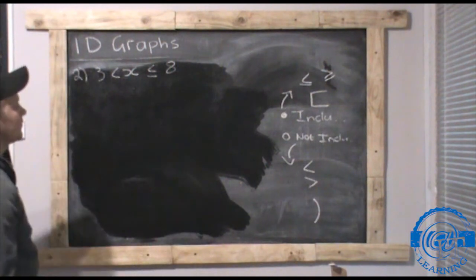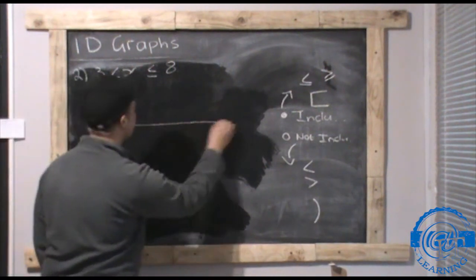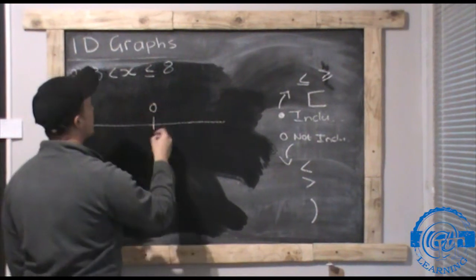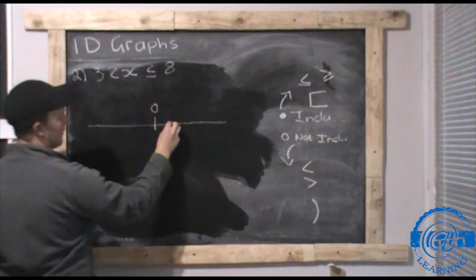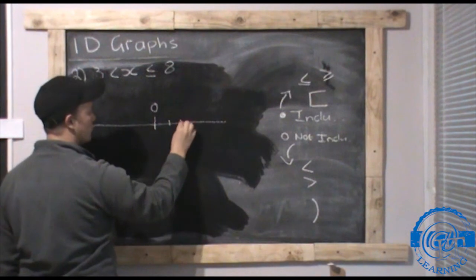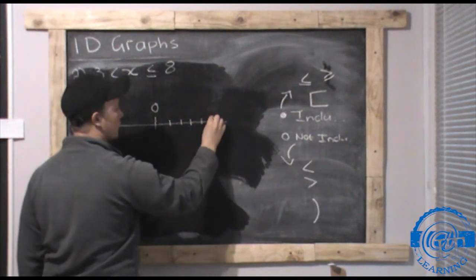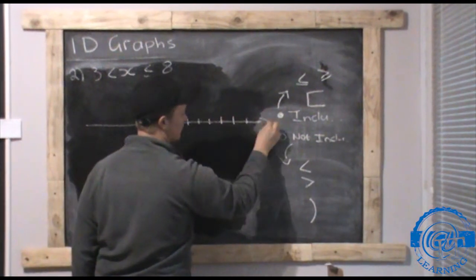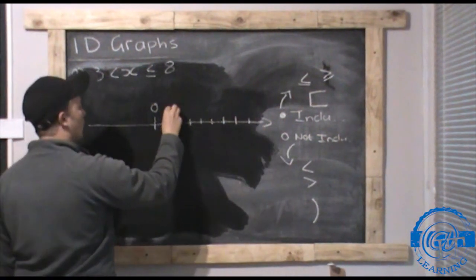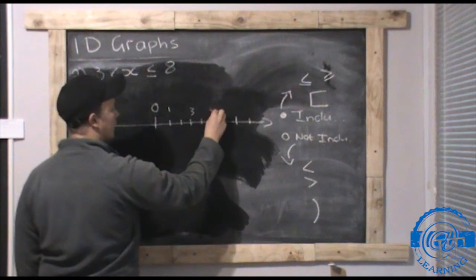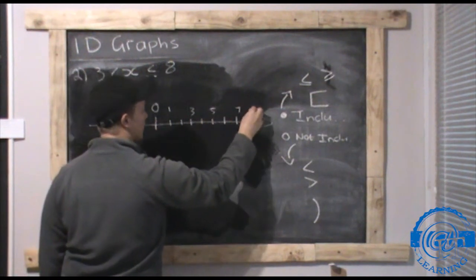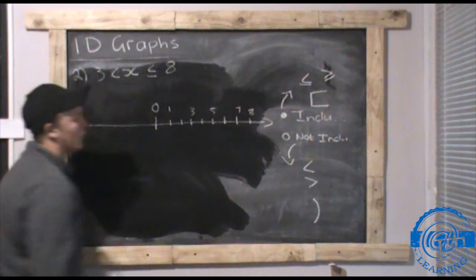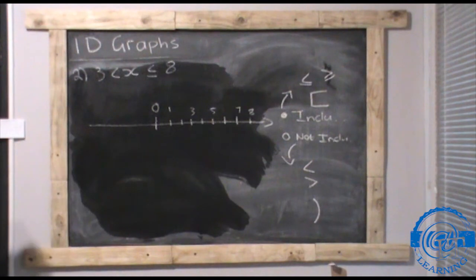Cool. So, plot a graph. 0. Minimum is 3. 1, 2, 3, 4, 5, 6, 7, 8. I'm not numbering all of them, just some of them.